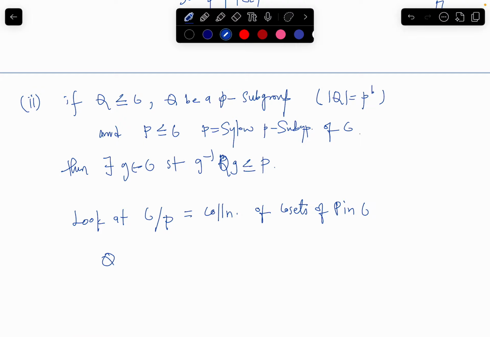So Q acts on G mod P via multiplication.